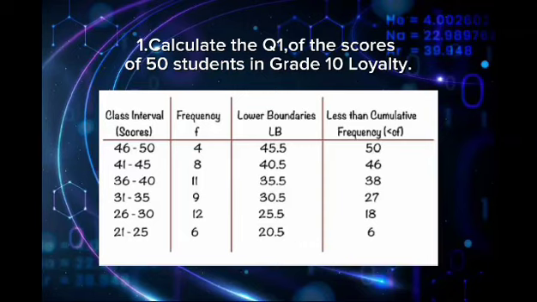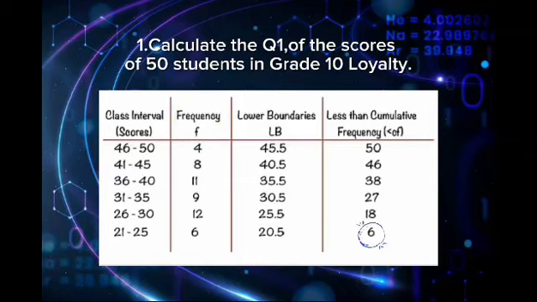Next is our less than cumulative frequency. For this, you start with the frequency of the lowest interval, which is 6. As we go up, we add the frequency of the next class interval.